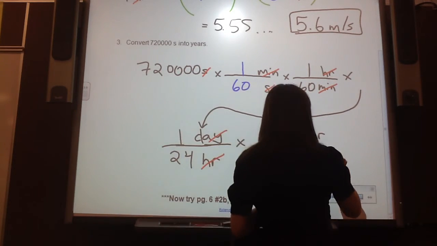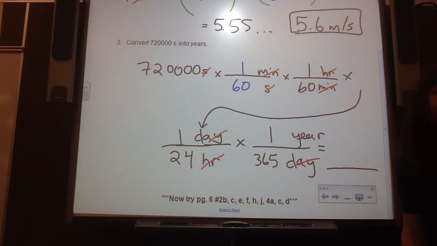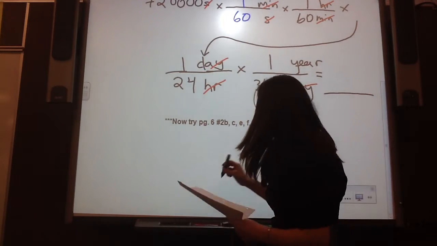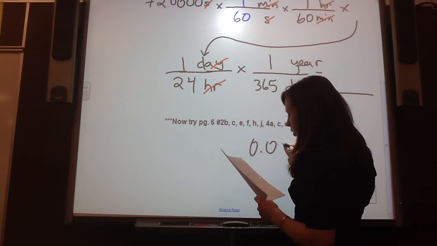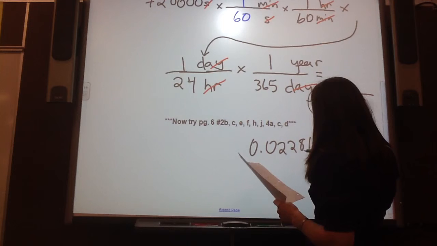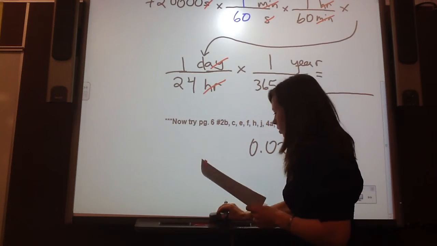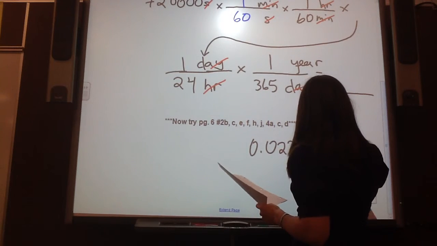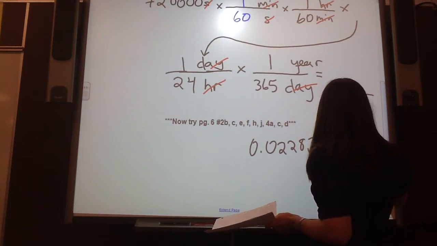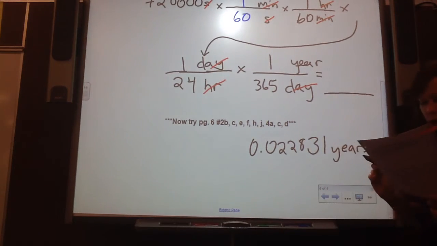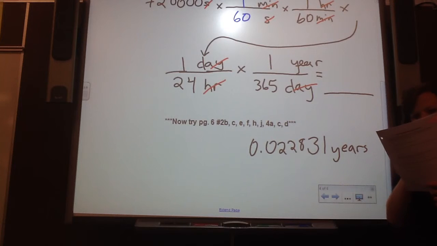Put that into your calculator. And you should get the answer 0.02281 years. You can put it into scientific notation if you want, but I need 1, 2, 3, 4, 5.